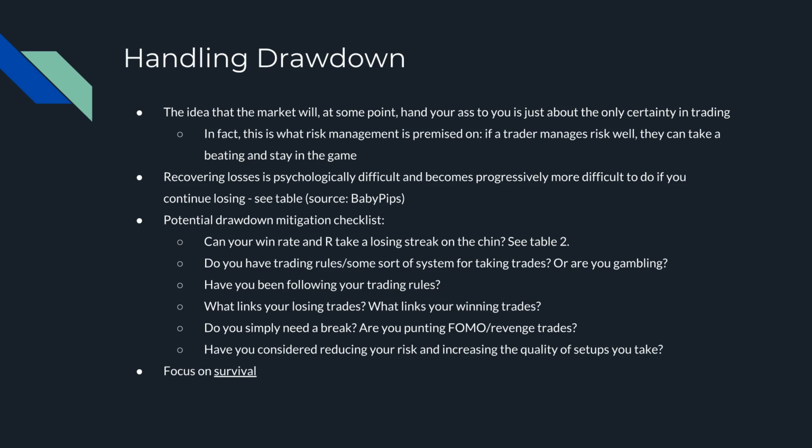But if I lose again on 2% and take consecutive losers while following my rules, I'll reduce it then back to 1% and try to make it back, etc. All while increasing the quality of the setups, meaning you don't go for the mediocre, oh, this might be decent, I don't know. You wait for something very specific in price and pull the trigger on it. Focus on survival.